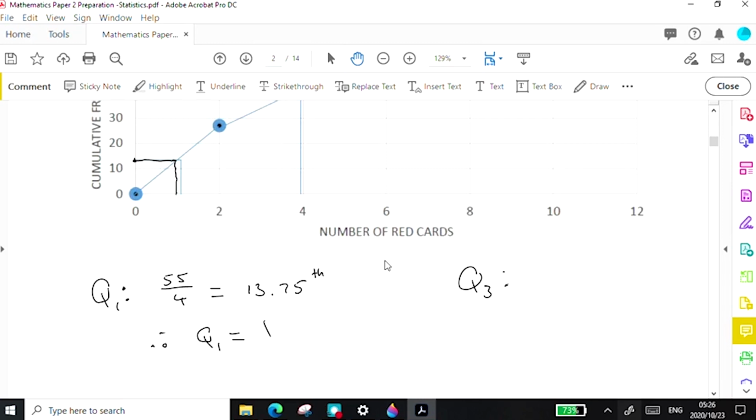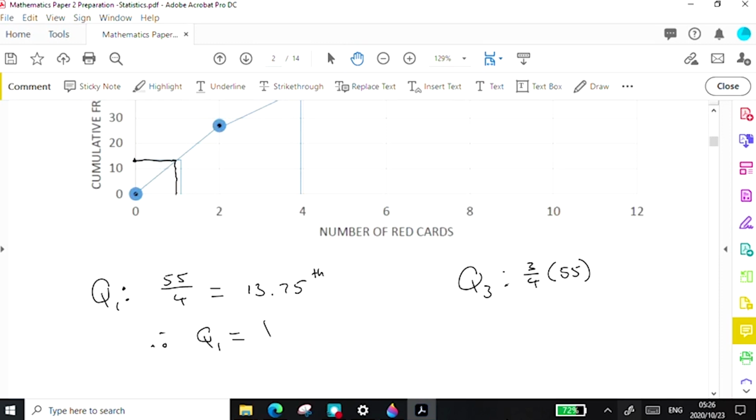We look for the position of Q3, which is 3 divided by 4, or 0.75, multiplied by 55, the total frequency or number of red cards.